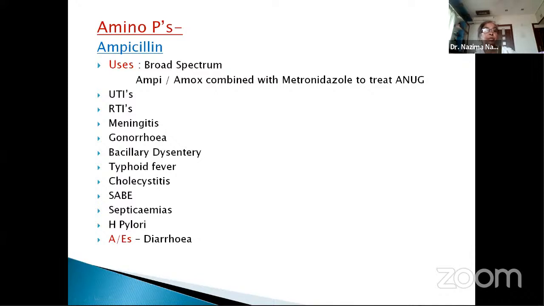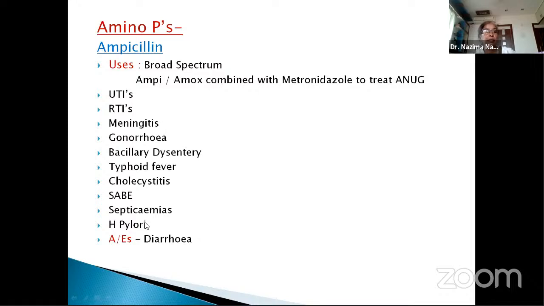Apart from the dental uses, there are the other medical uses. Many medical uses are there of this drug. This drug is effective in urinary tract infections. Then in case of respiratory tract infections, meningitis, gonorrhea, bacillary dysentery, typhoid fever. Also in cholecystitis, subacute bacterial endocarditis, septicemias, H. pylori.